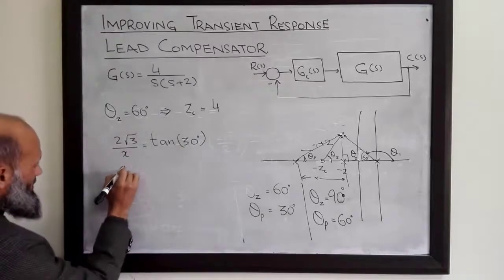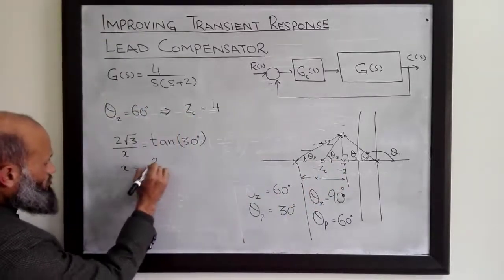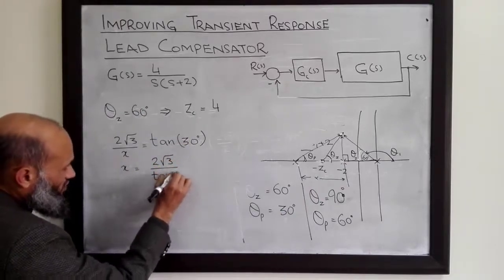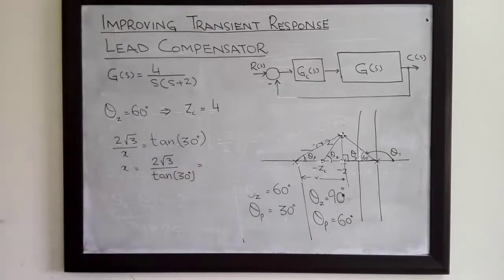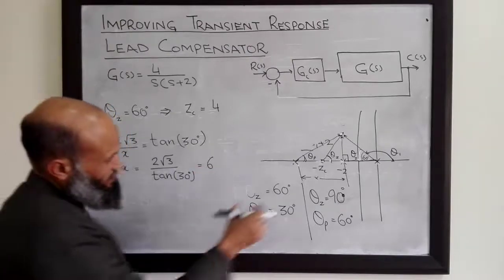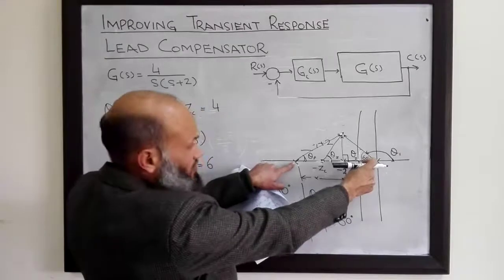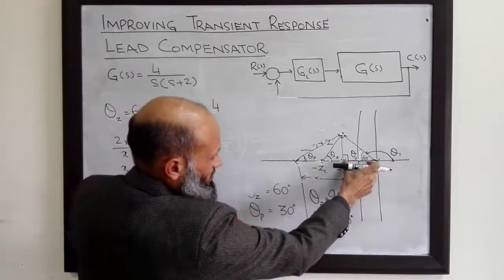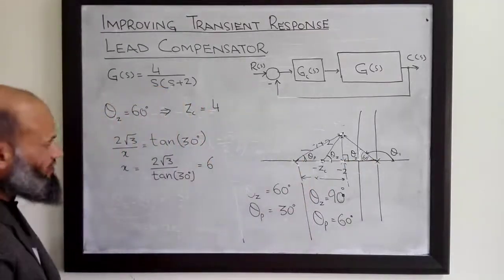Hence x, which is this length, is equal to 2 square root of 3 divided by tangent of 30 degrees, and this comes out to be equal to 6. Hence this length is 6. So what is the location of this pole from the origin? This length is 2 and this length is 6, so the total length is 8.